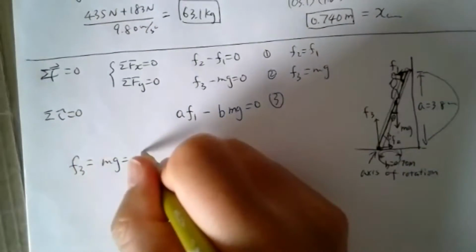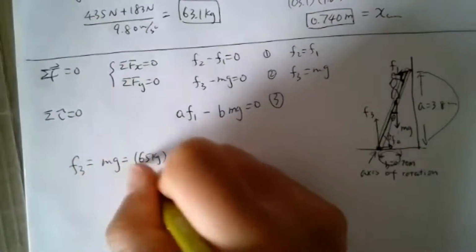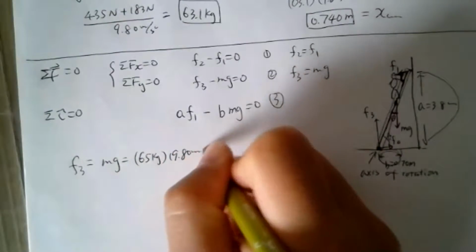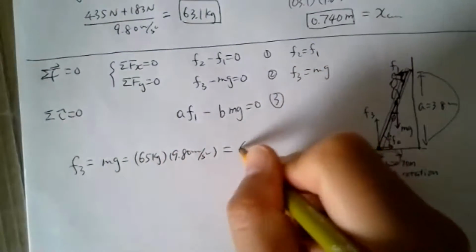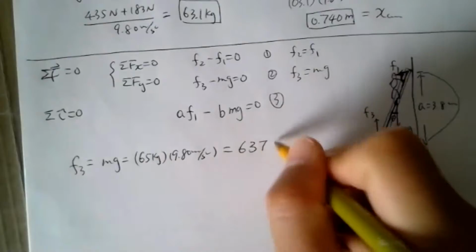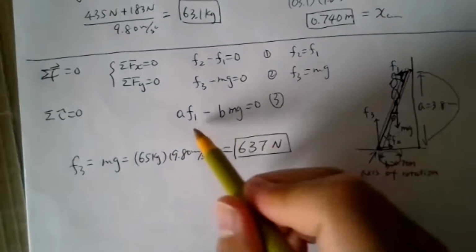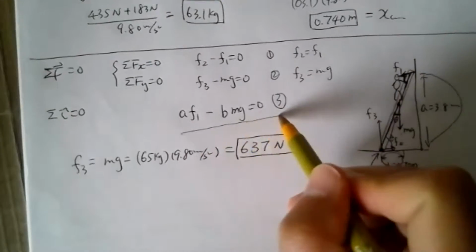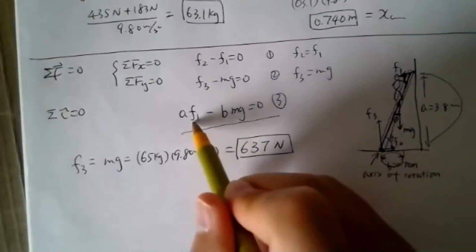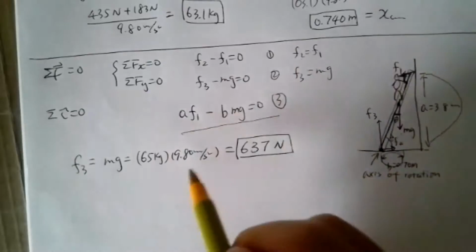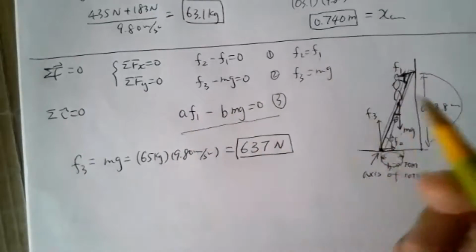So F3 is 65 kilograms times 9.8 meters per second squared, which is 637 newtons. Then I can turn to the third equation to calculate F1, which would also be F2, because F2 equals F1.